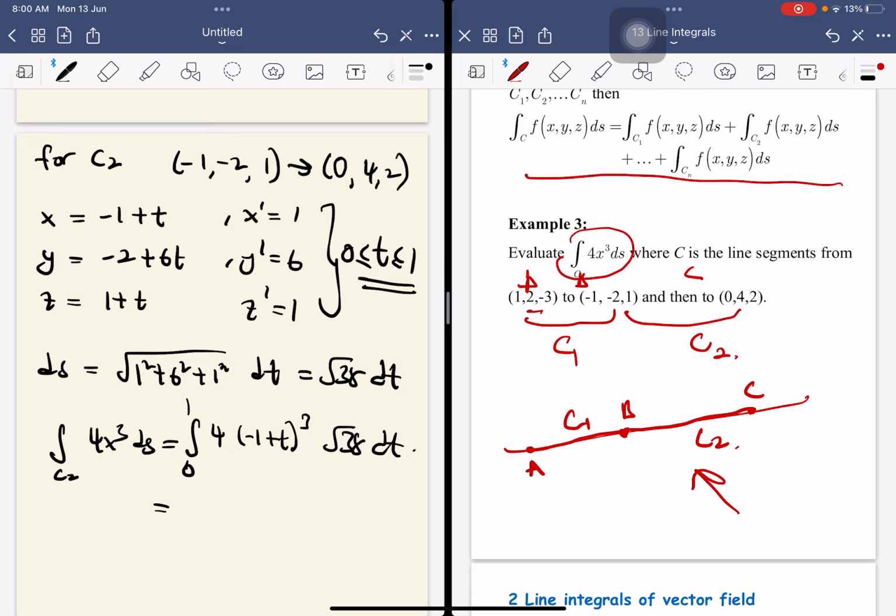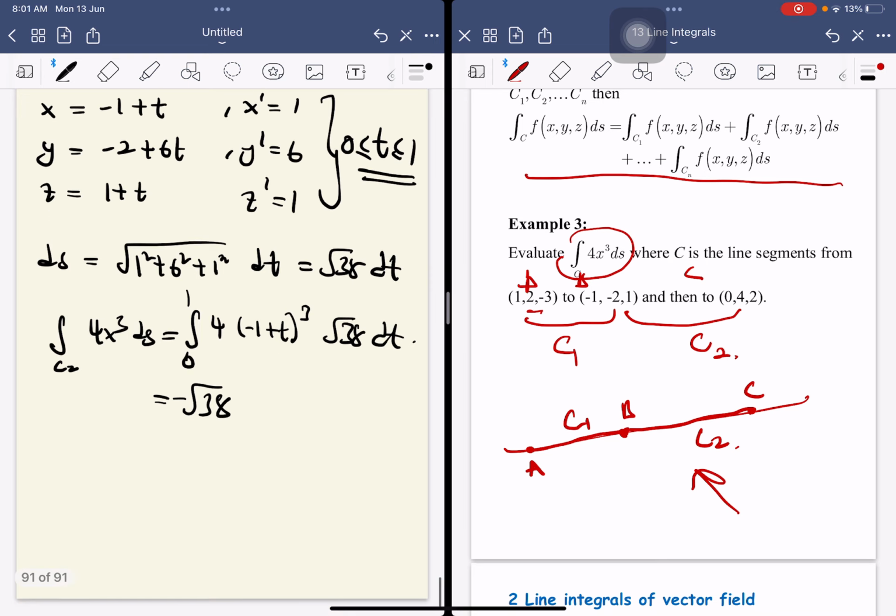If you expand it and integrate as normal, you get, sorry, negative square root of 38 over 4 for this part.